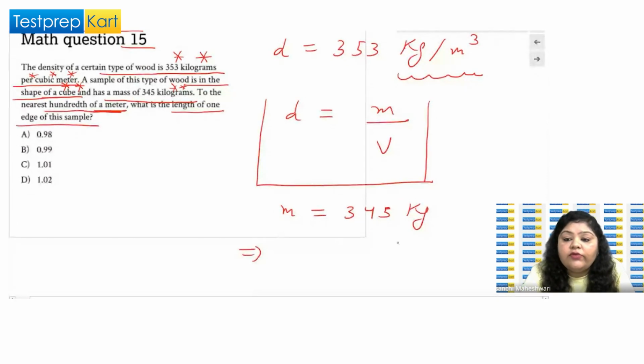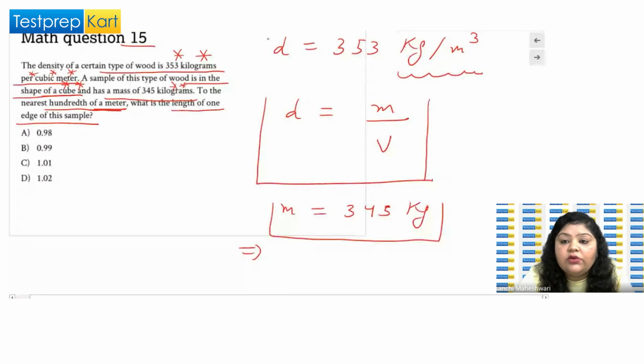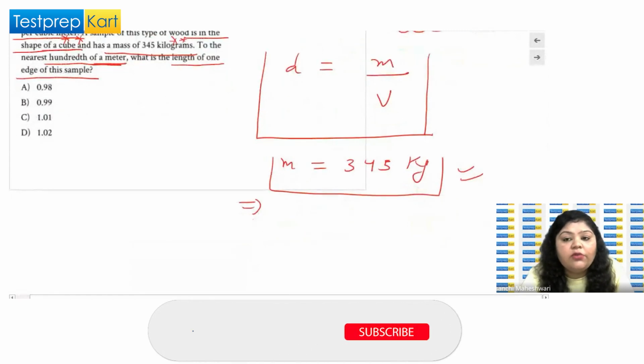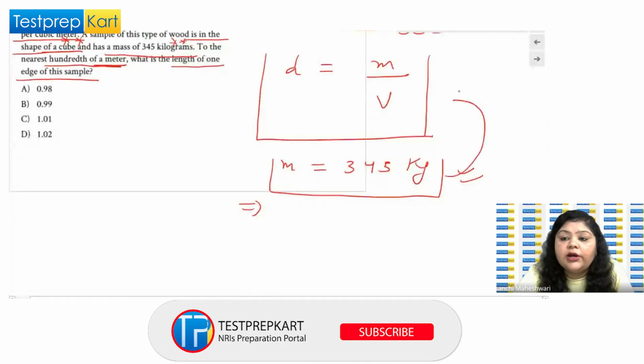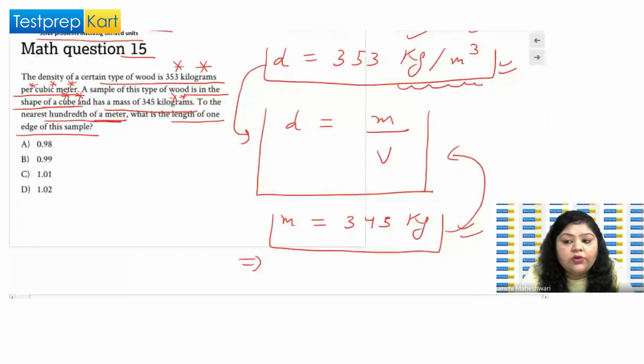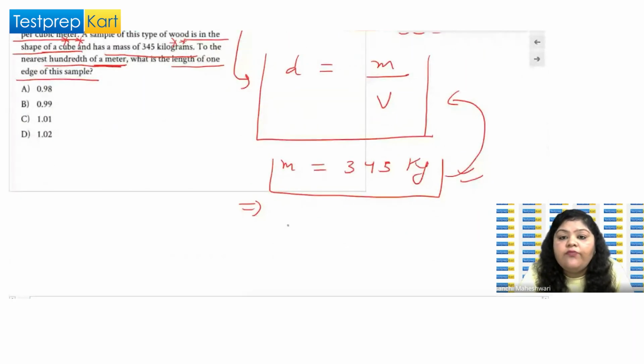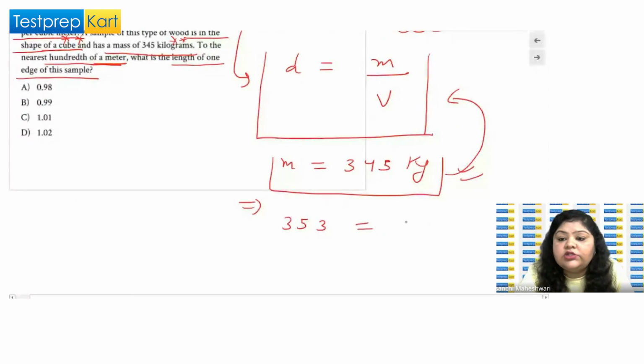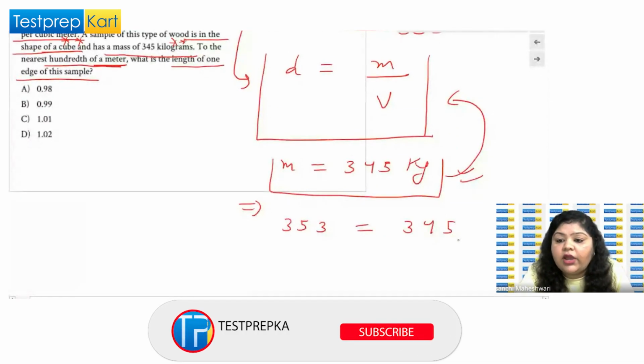I have the value of density and the value of mass, so can't I find the volume? Let's put these values in the formula. If I do so, I'm going to have 353 equals 345 divided by volume.